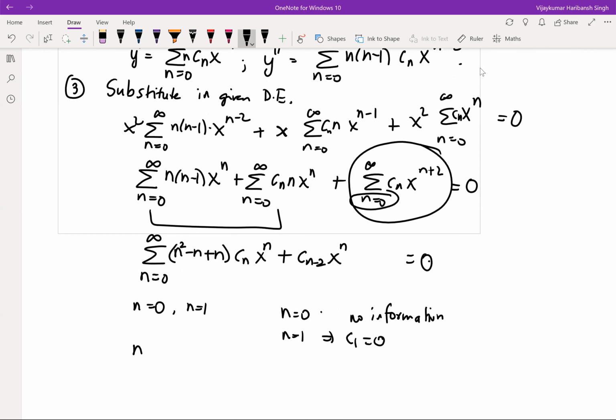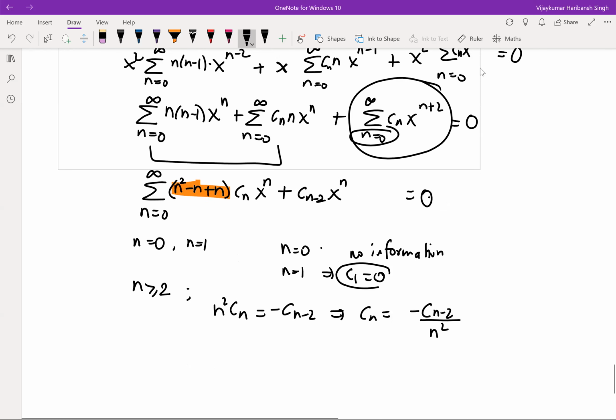And now for n greater than or equal to 2, we have n squared Cn equals Cn minus 2 with a minus sign. This implies Cn equals minus Cn minus 2 over n squared.